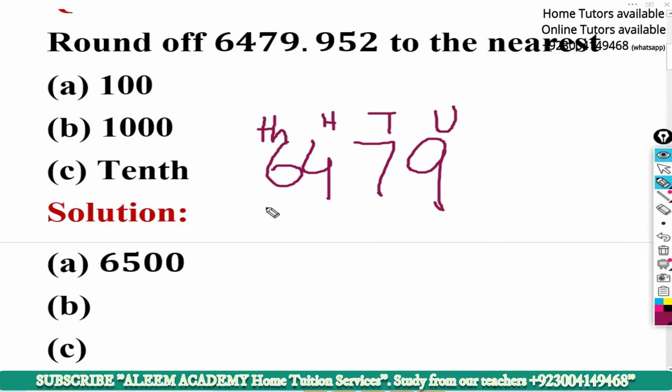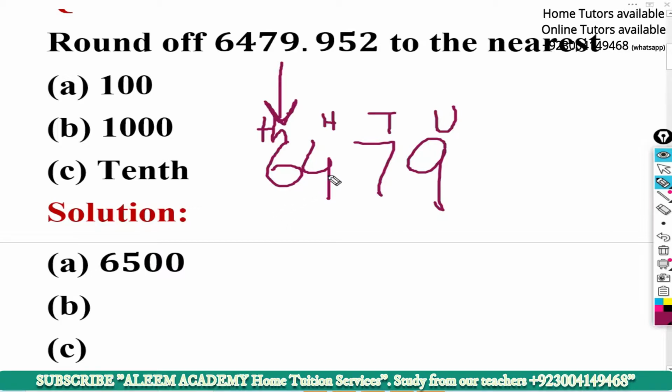So we have to round off this number to the nearest 1000. 1000 means that we have to round off the particular number 6. So see what the number after 6 is. The number after 6 is basically 4.